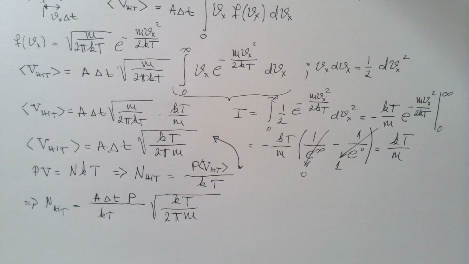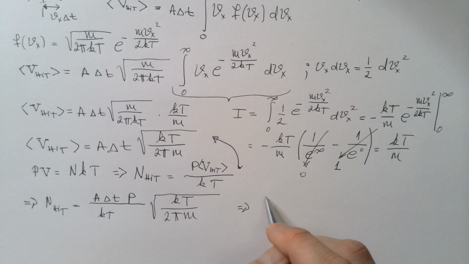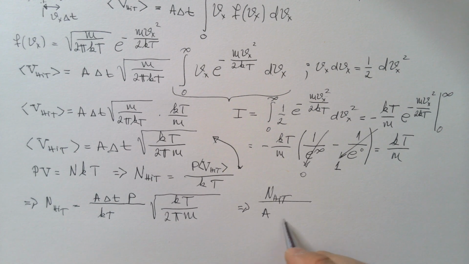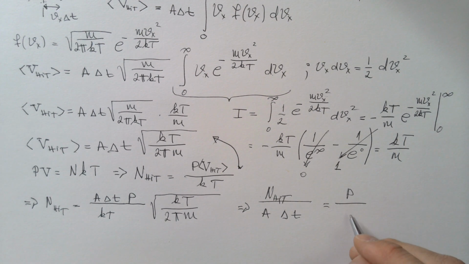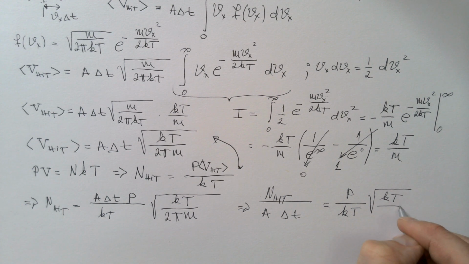So the number of hits per area A and per time interval delta t is really equal to P divided by kT times the square root of kT divided by 2 pi m.